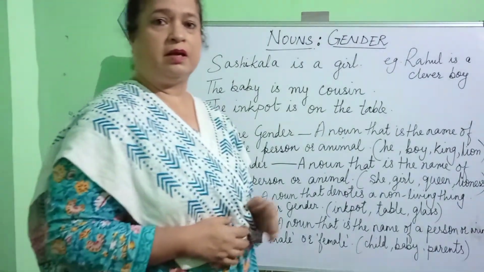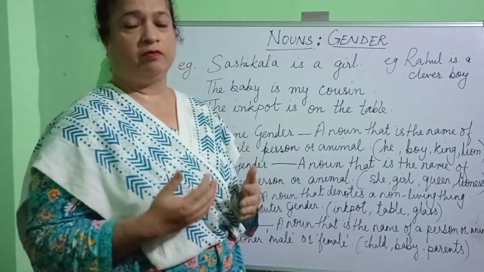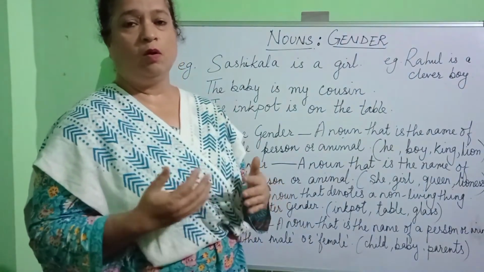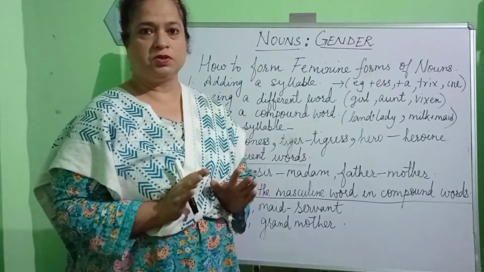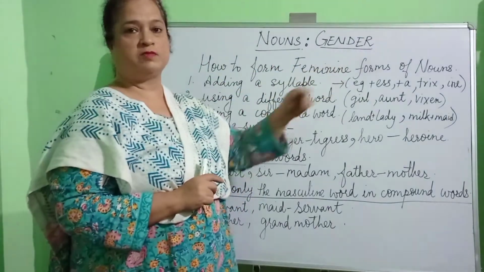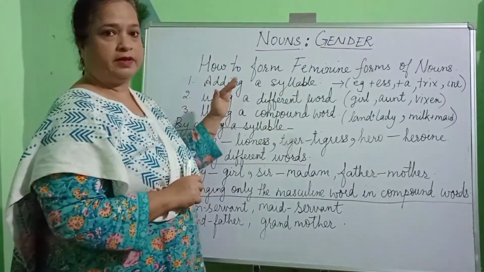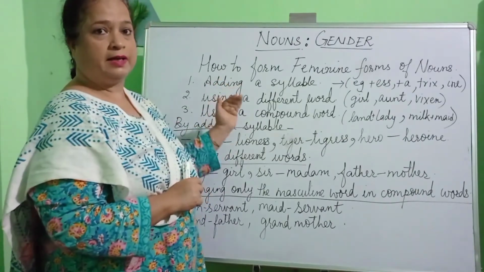Now let us understand how we form different kinds of words from masculine to feminine or feminine to masculine. Now children, let us understand how to form feminine forms of nouns. So first of all, there are three rules which we must follow. The first one is adding a syllable.